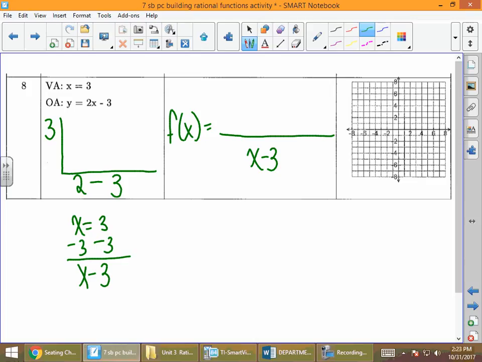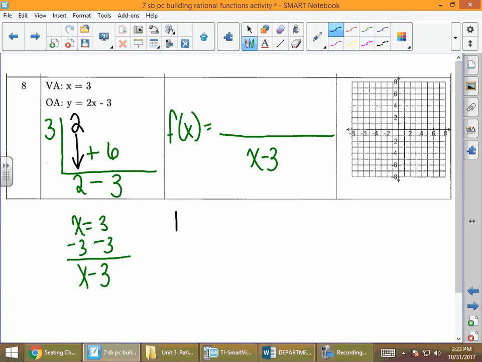Well, where did that 2 come from? If you think back, we had a 2 there that we always carry down. And then we're going to work backwards. 3 times 2, positive 3 times positive 2 is positive 6. And then what we need to ask ourselves is, what number plus 6 gives us negative 3?